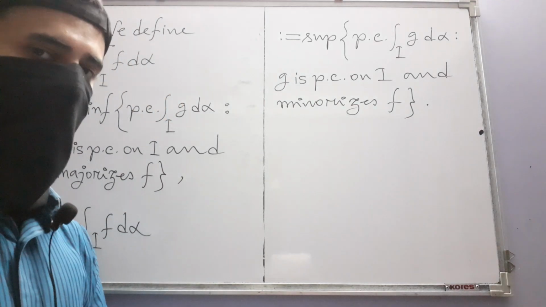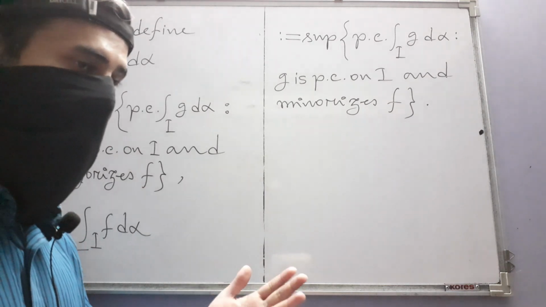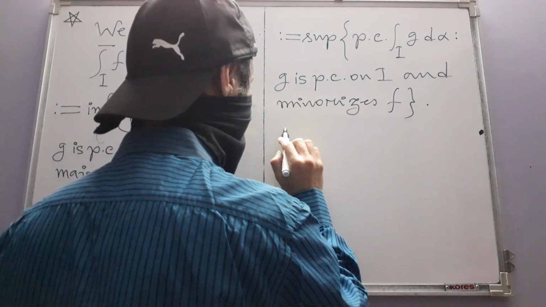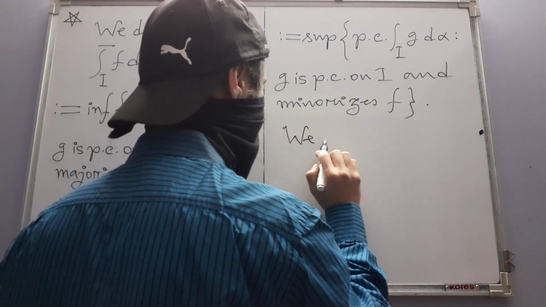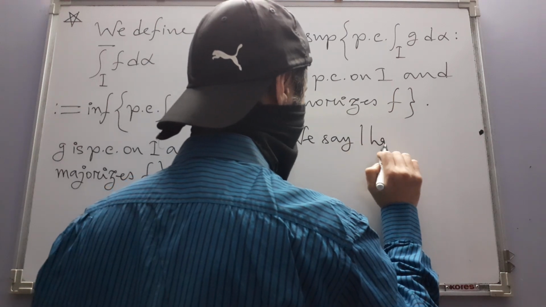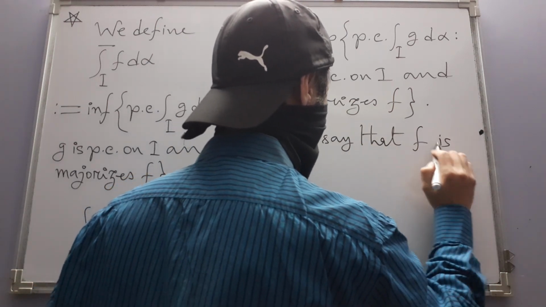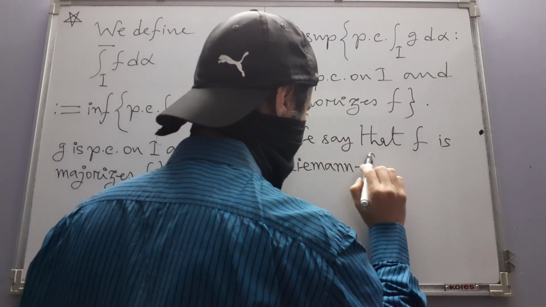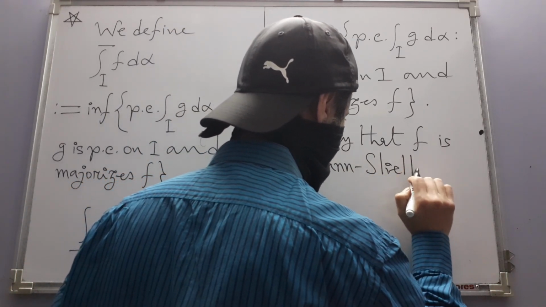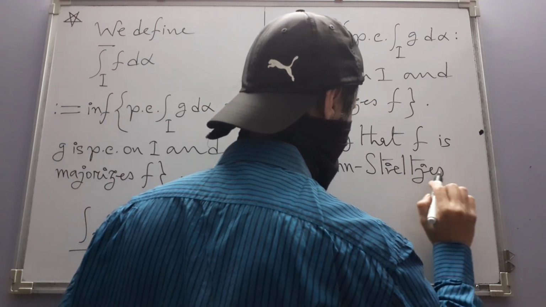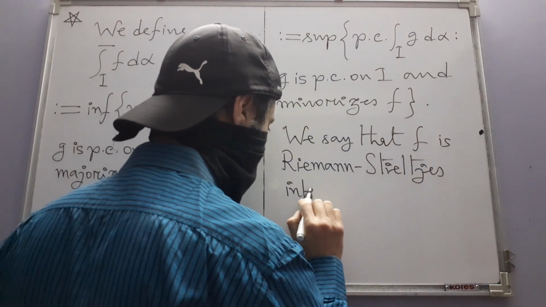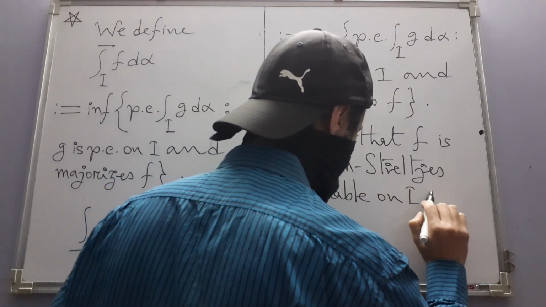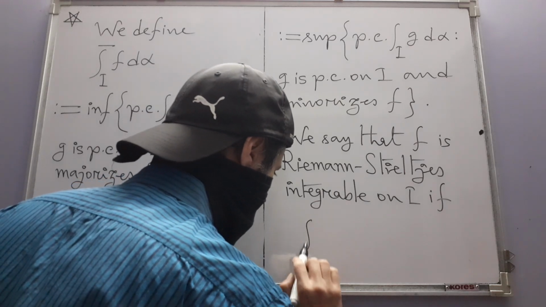And with these two notions, we can now define Riemann-Stieltjes integrability, just like we had Riemann integrability. We say that f is Riemann-Stieltjes integrable on I if these two integrals are equal.